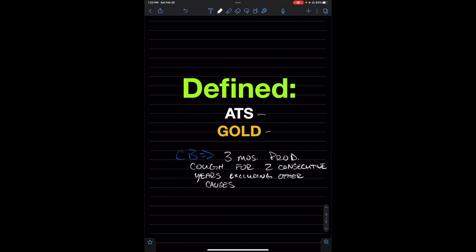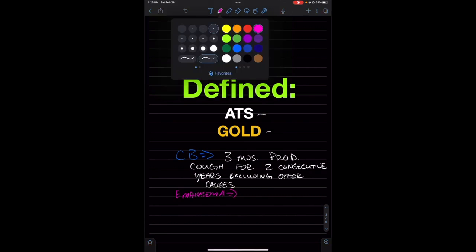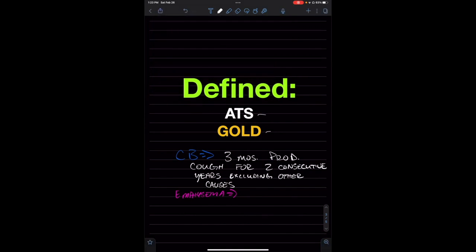Now with emphysema, our emphysematics, again, we're going to call those our pink puffers. Okay, so we've got our emphysema patients. They have a permanent enlargement of air spaces distal, so further away to the terminal bronchioles, accompanied by destruction of the bronchial walls and without obvious fibrosis. So we've got permanent damage, basically.